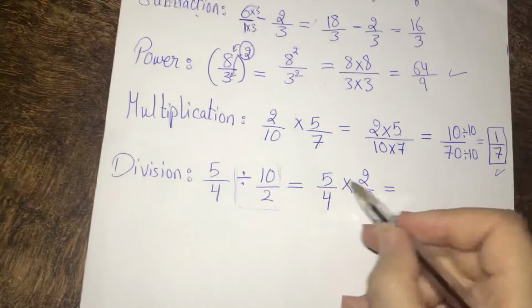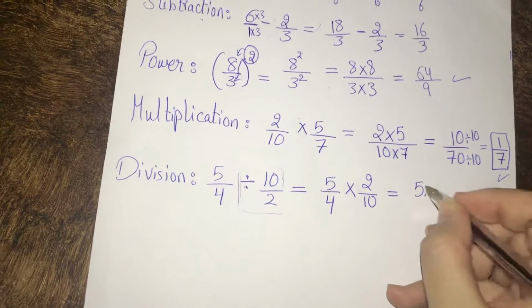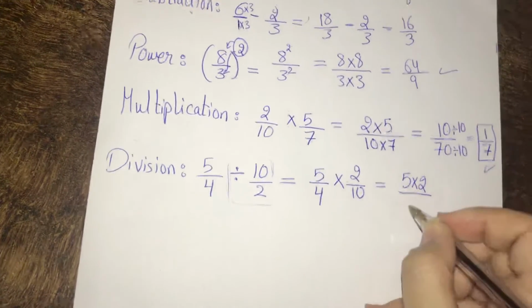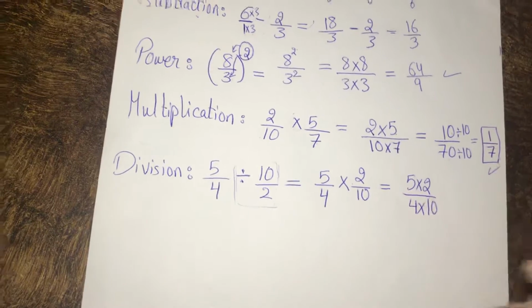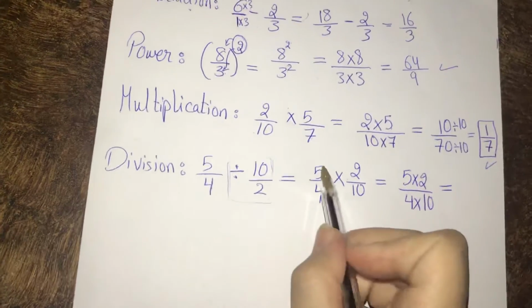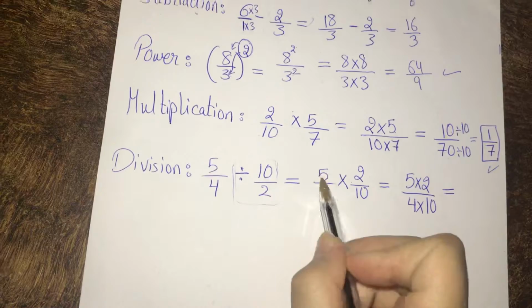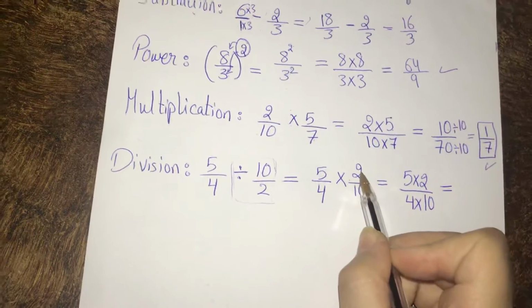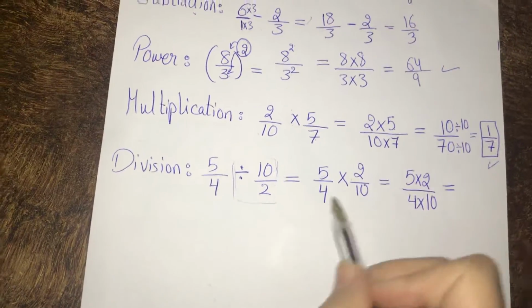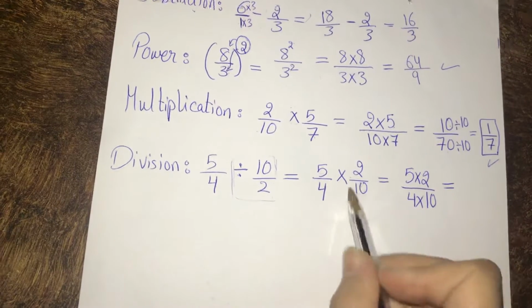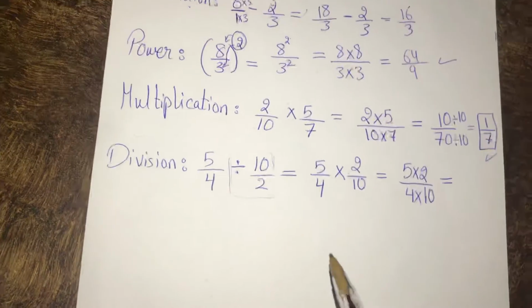So 5 times 2, I wrote this, over 4 times 10. So you have to multiply this numerator by the numerator of the second number, and the denominator by the denominator of the second one.